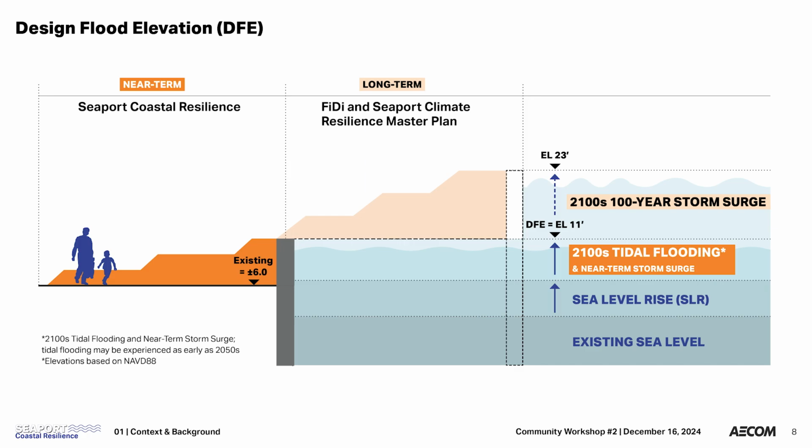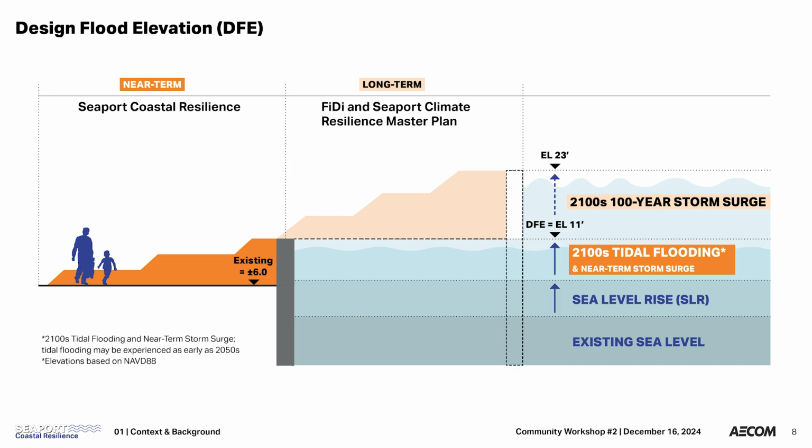So how we're getting there: the objective of the Seaport Coastal Project is to protect the Seaport from 2100 tidal inundation and near-term storm surge. It will bring the elevation, which you can see at the waterfront is existing at 6 feet, and it will raise it up to 11. This will be done in a gradual and universal design way that is what we're going to be presenting to you tonight.